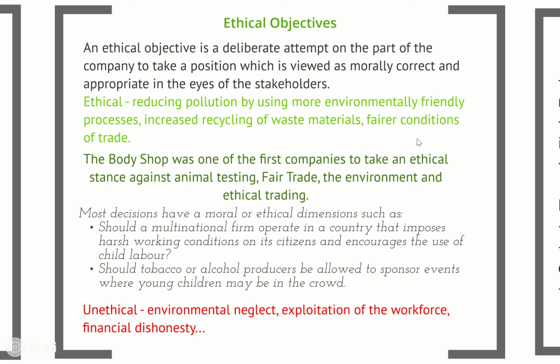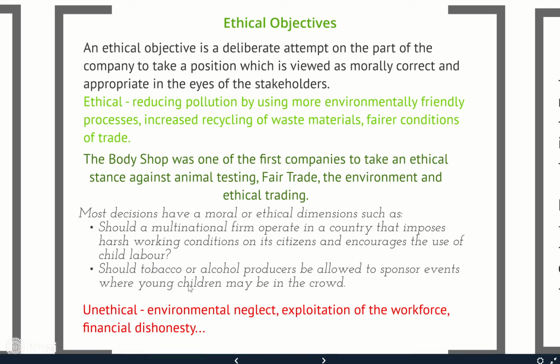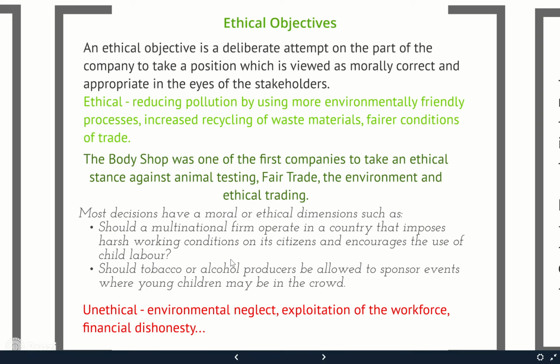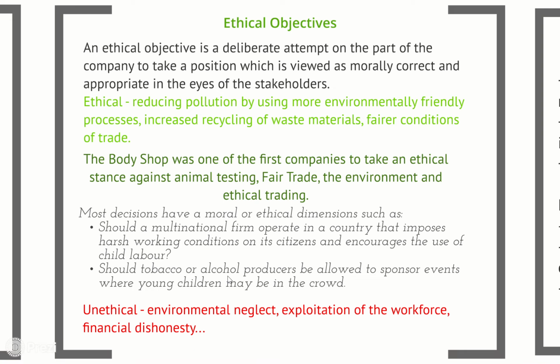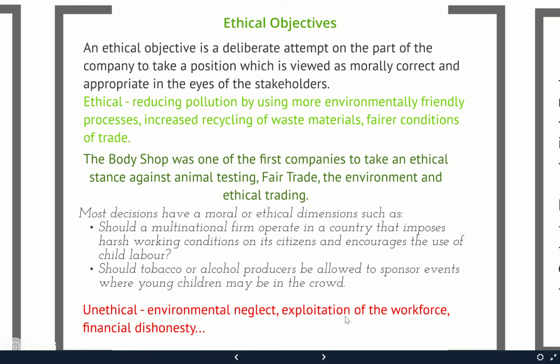This is a question more in general. So should a football match be sponsored by, I don't know, Marlboro or nowadays vape brands? Should it be allowed? And unethical: environmental neglect, exploitation of the workforce. This is a quick definition of what is unethical in relation to business.